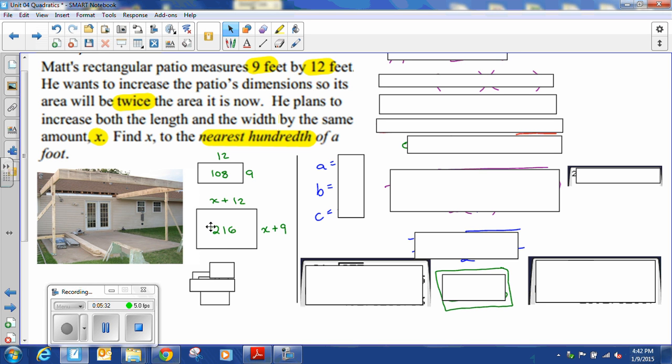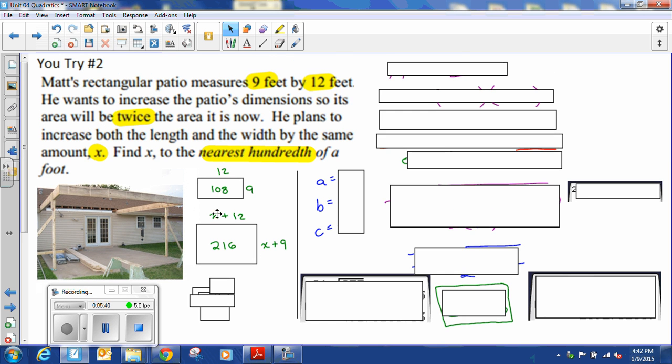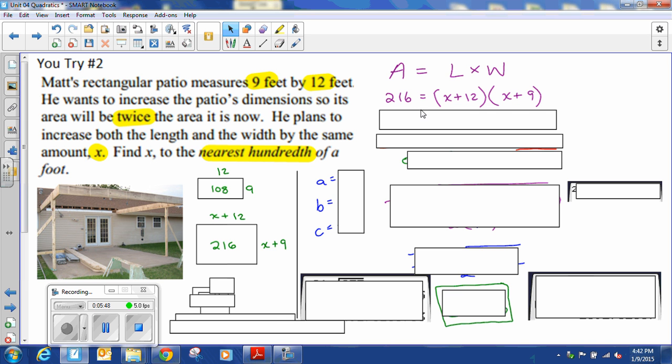His constraint is his area should be 216 square feet. So we're going to put all of these three pieces together in a very simple formula. Area equals length times width. 216 equals x plus 12 times x plus 9.